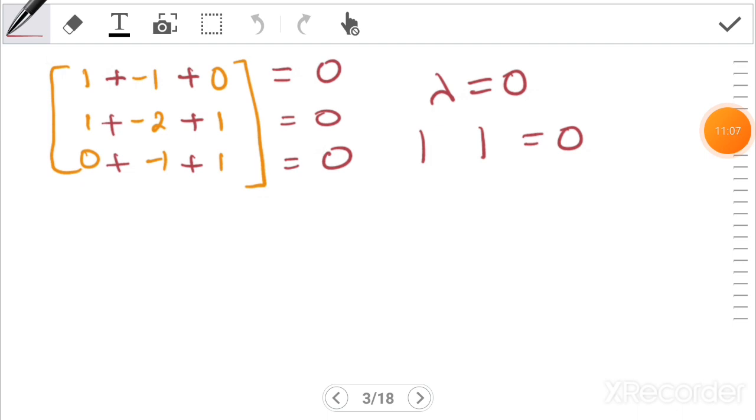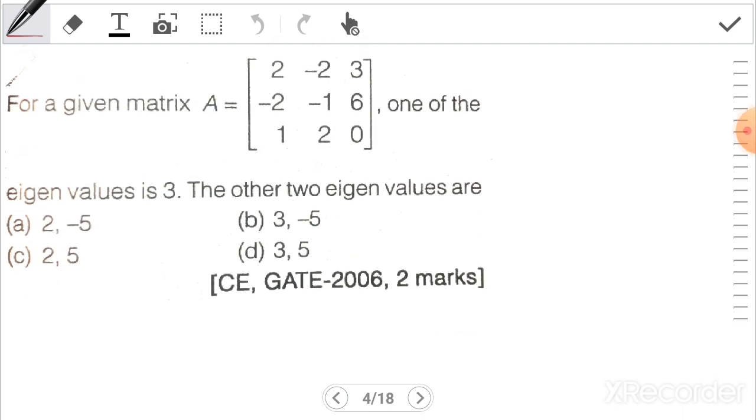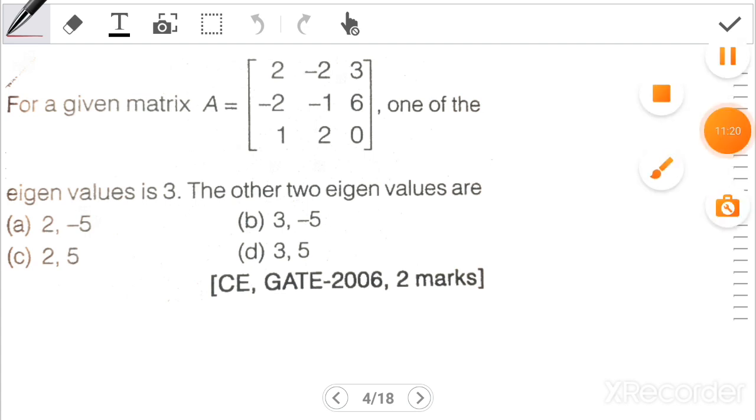Okay, let us solve the next question. For a given matrix, one of the eigenvalues is 3, the other 2 eigenvalues are... So we can solve this question by using a property.